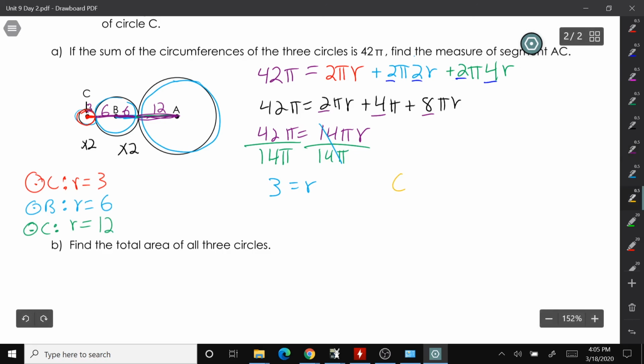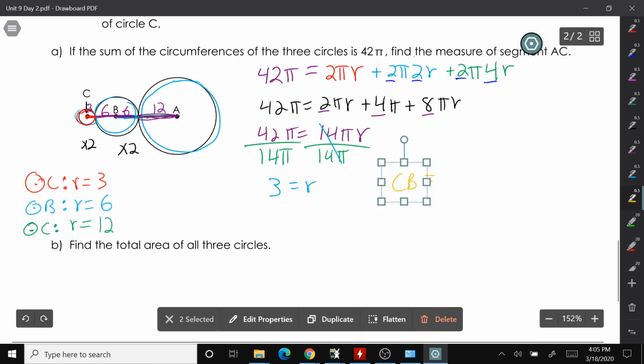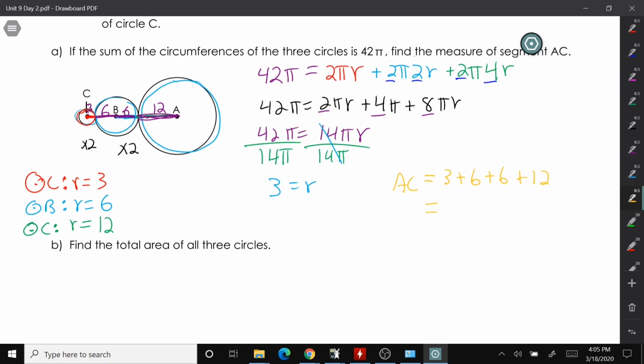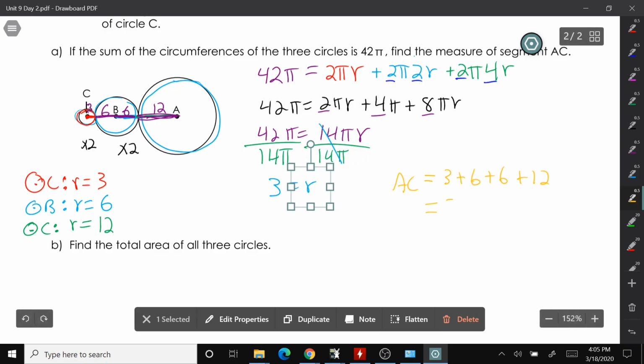So then AC, that's what we're asked to find, is going to be 3 plus 6 plus 6 plus 12, which will equal 27. Just wanted to make sure, yep, 27.